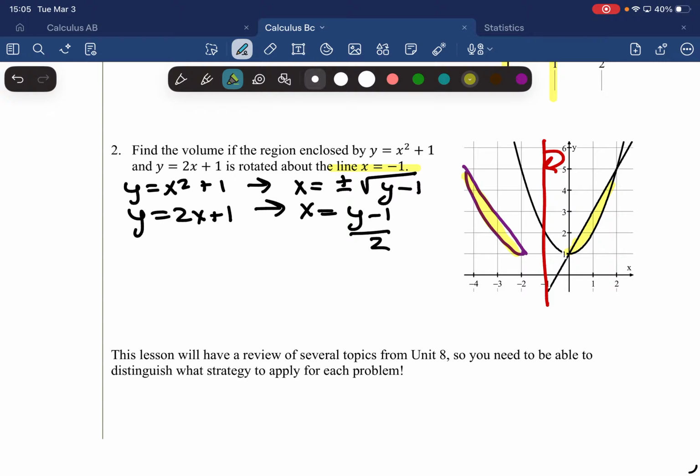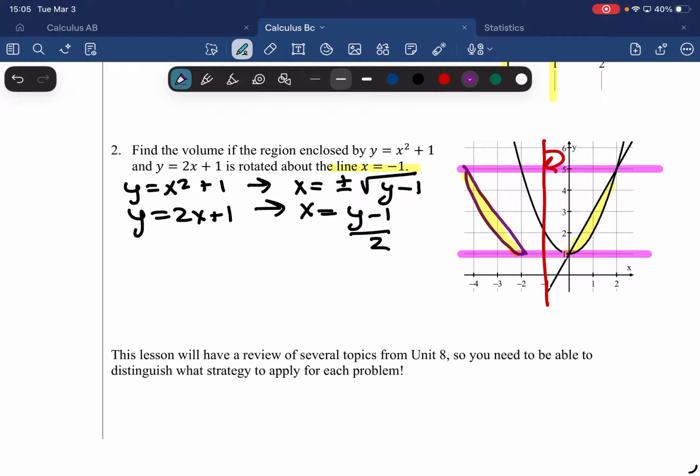Since this is going to be rotating around this x equals negative 1 line, when we're finding our bounds, we care about the bounds on the y-axis. So what would those bounds be? 1 to 5. How do I know this?